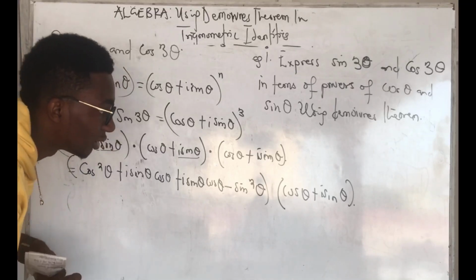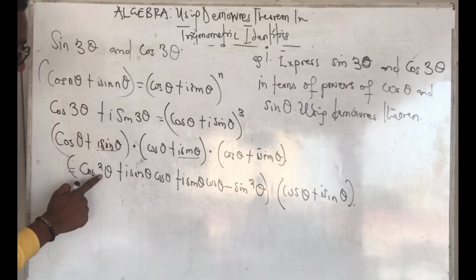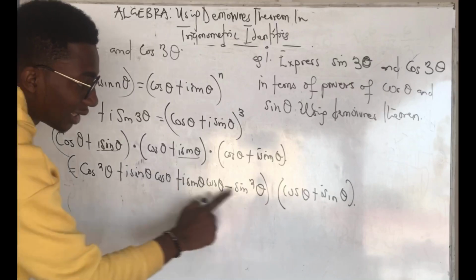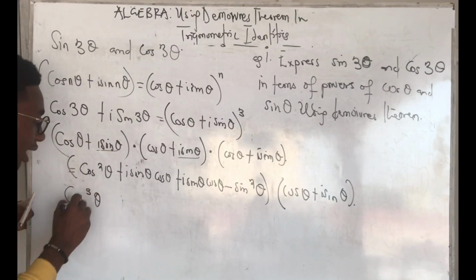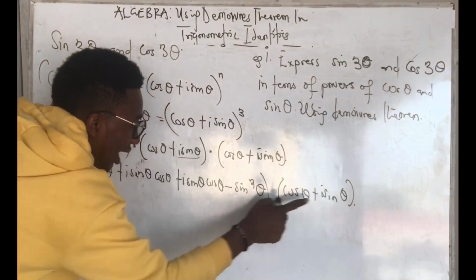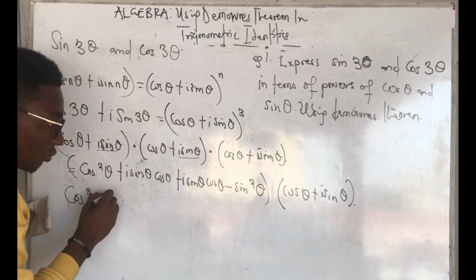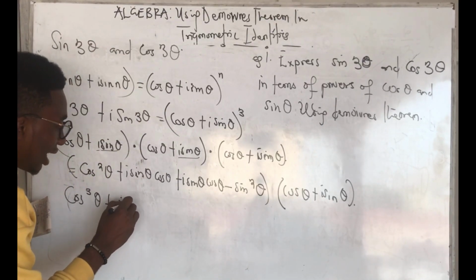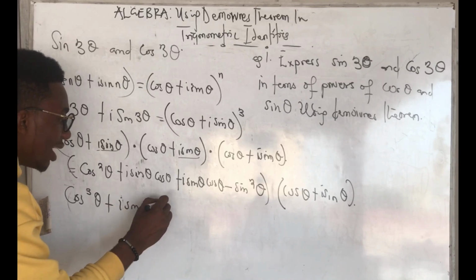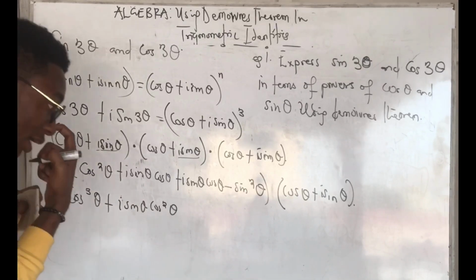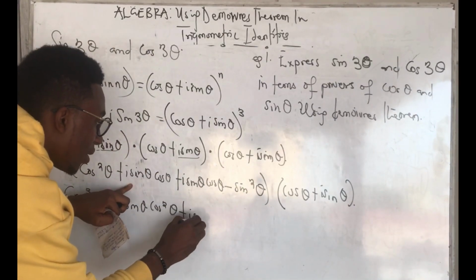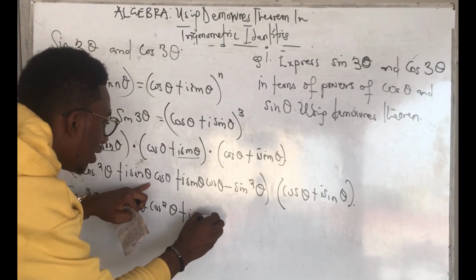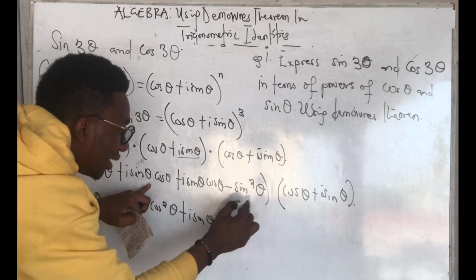Now we want to multiply this also with the last one. So cos theta times cos square theta gives cos cube theta. Cos square theta times i sin theta gives plus i sin theta cos square theta. Then we get this and this too, so plus i sin theta cos square theta.